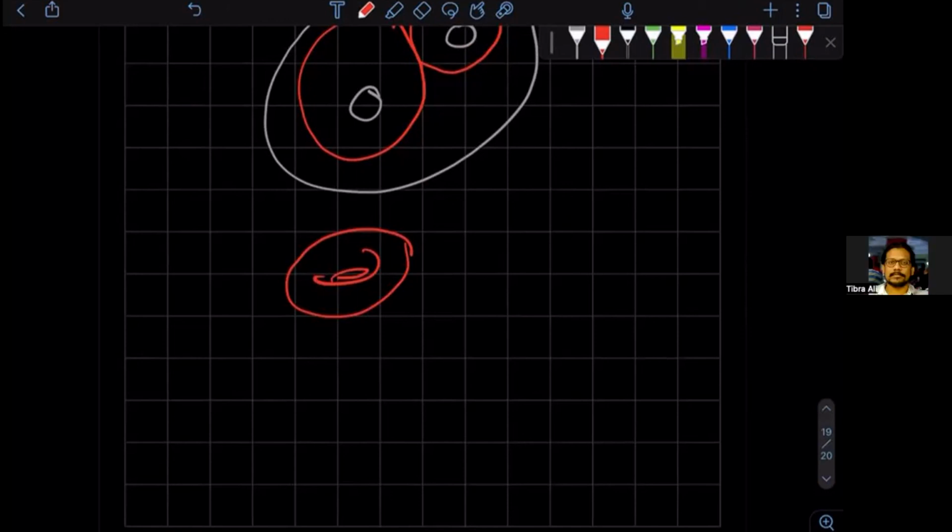You can think of this as a hole, but the better way of thinking of a torus is to think of it as a square where the opposite ends are identified, right? It depends on what you mean by hole.